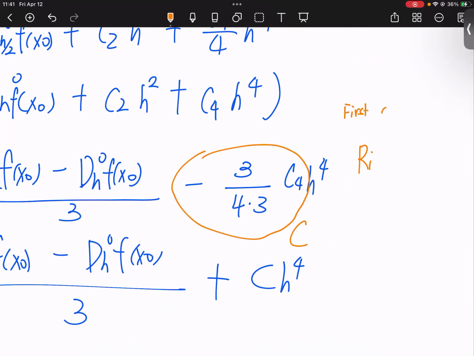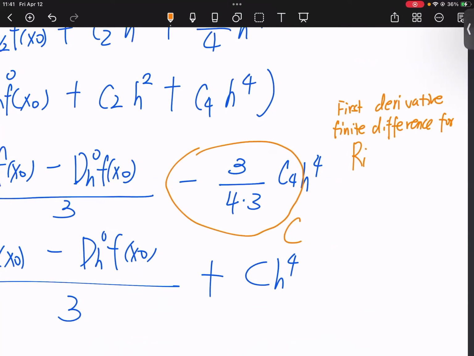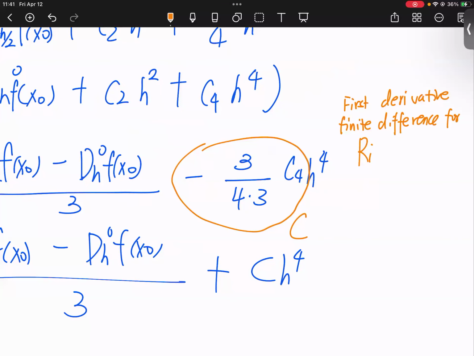First derivative finite difference formula. I want to write down the formula, but there's not so much space here.